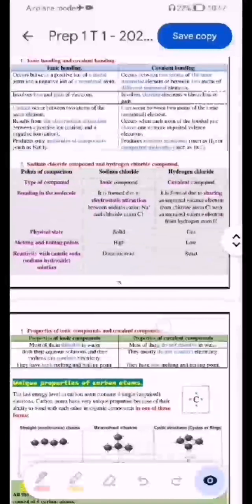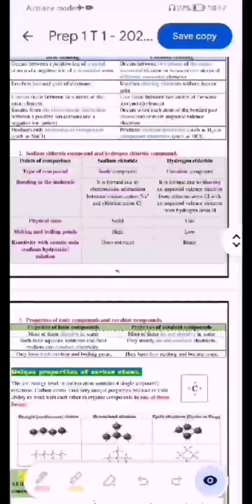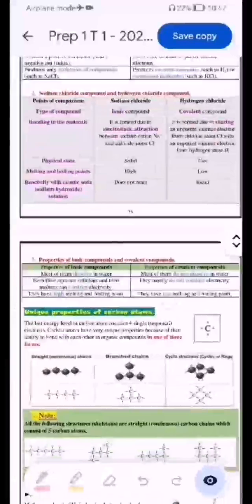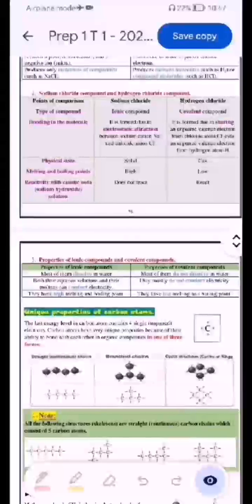And hydrogen chloride is formed by sharing unpaired valence electrons from the chlorine atom with the unpaired valence electron from the hydrogen atom. Okay. The physical state of sodium chloride is solid, but hydrogen chloride is gas. Melting point and boiling point, we said ionic compounds are high and covalent compounds are low.